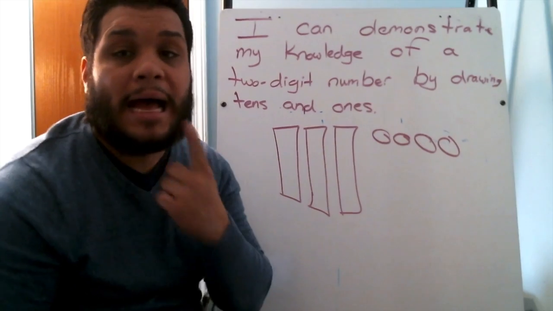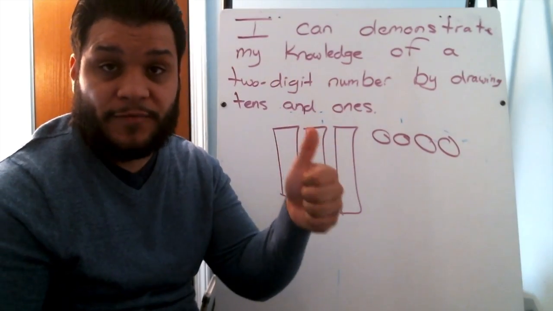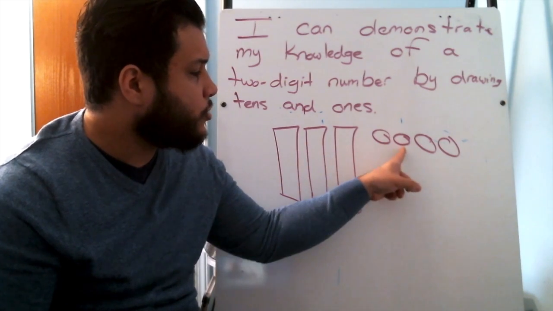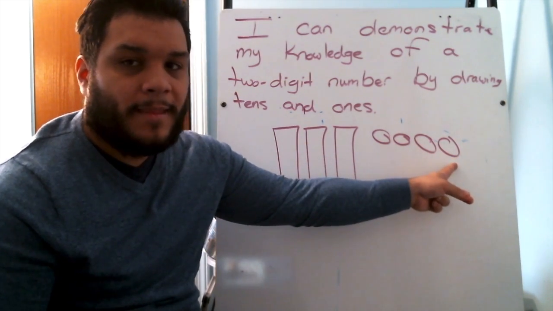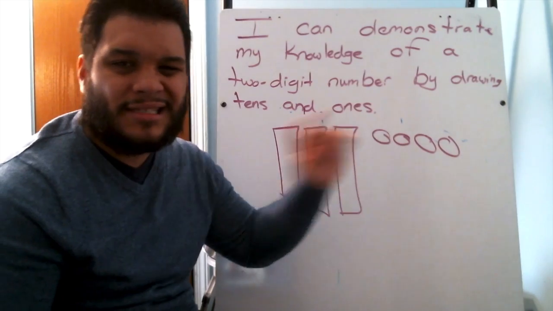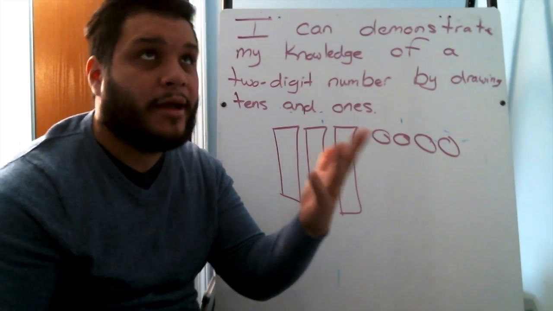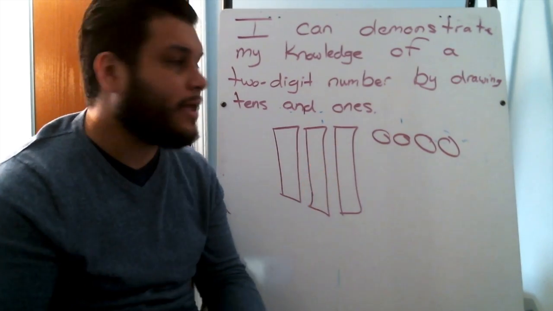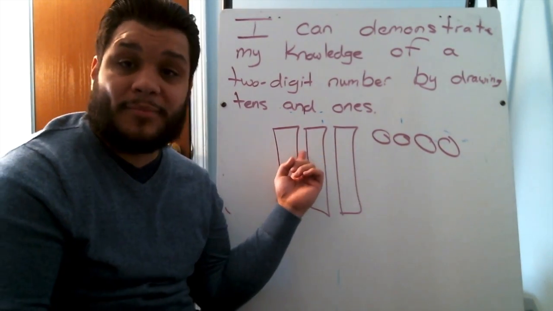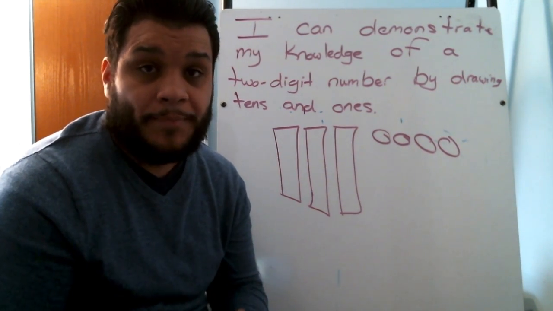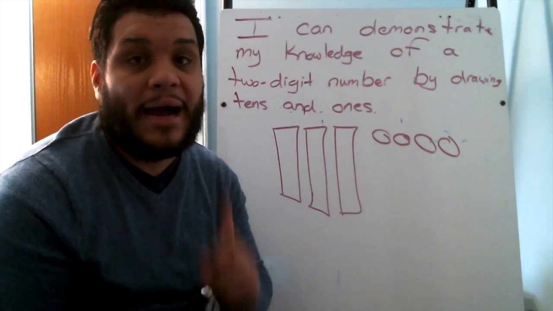Say it with me. I'm going to count my tens first and then my ones. The reason why is because if I do 1, 2, 3, 4, and then I try to add 10 to 4, that's going to take a long time. I'm going to be at 4, and then I'm going to be like 5, 6, 7, 8, 9, 10, 11, 12, 13, 14. Okay, that's 14. But then I got to do 10 more again, and I got to keep counting by tens.